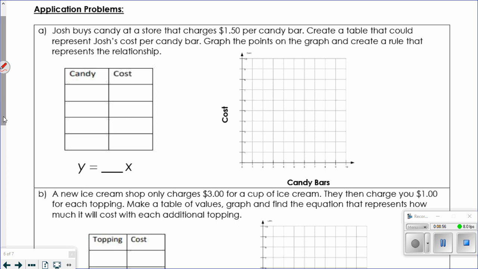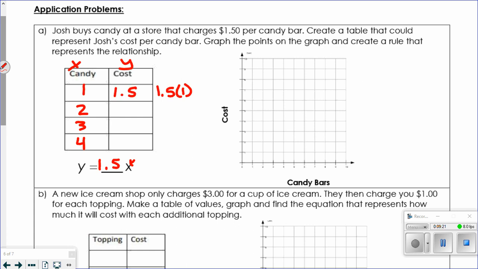So it's saying for every candy bar that I buy, so X is the amount of candy bars, and Y is the cost, it's $1.50 per candy bar. So $1.50 times X. So say I want 1 candy bar, 2, 3, or 4 candy bars. I'm going to take the 1 candy bar and multiply it by how much it costs, $1.50.